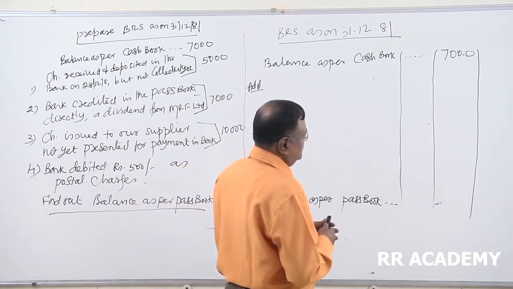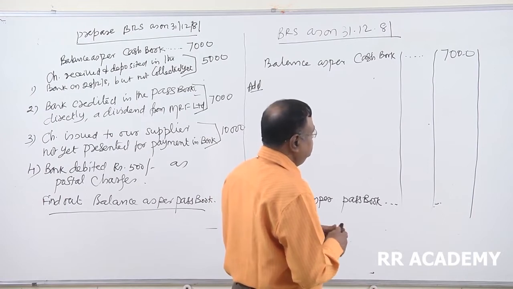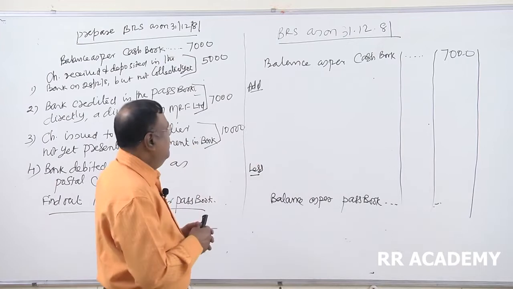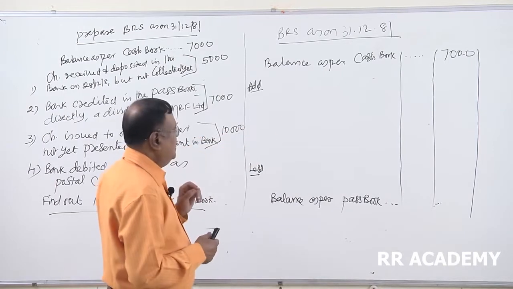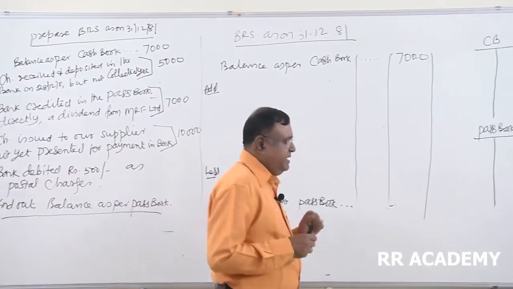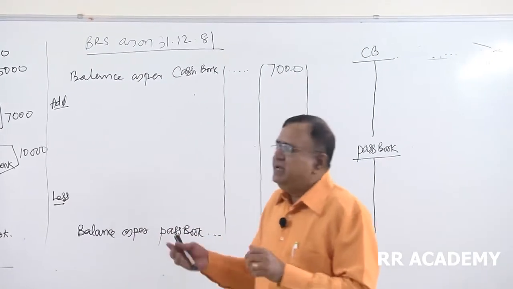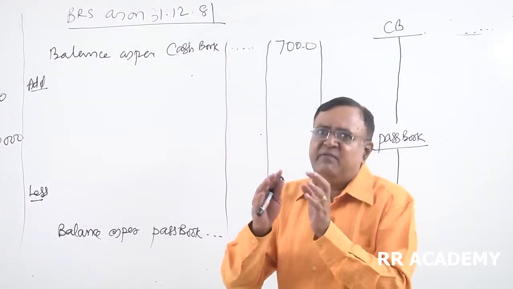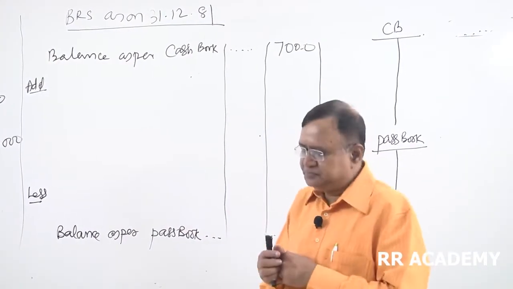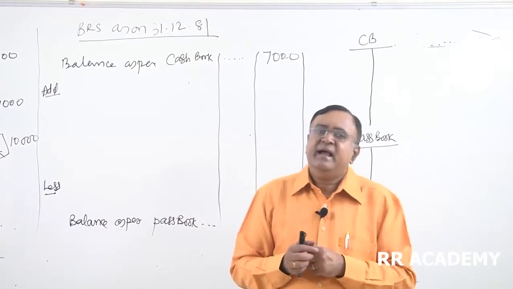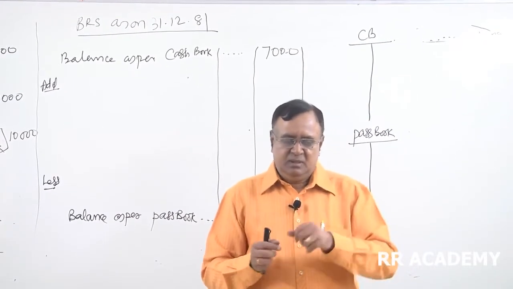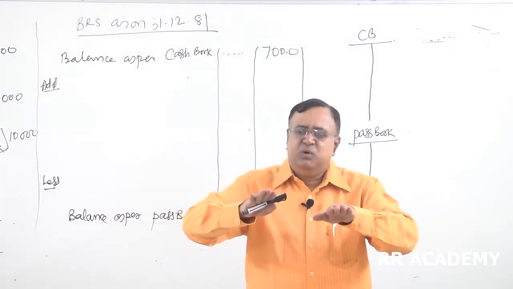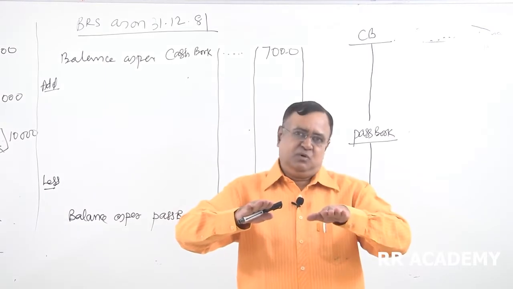Now friends, cash book, passbook. That is a rough column. Fine, 7,000. Now what we should do is, we need not remember any formula. Just by way of understanding, we can do it. Take like this: left hand side cash book, right hand side passbook.